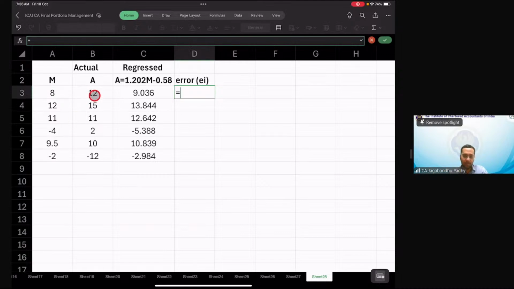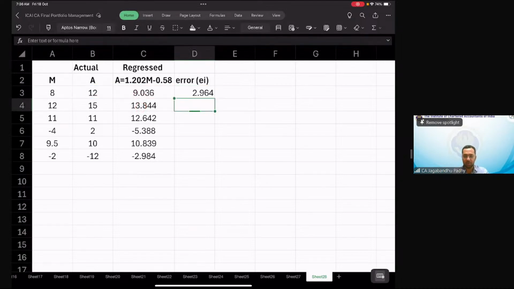The actual value was 12, but we regressed and found the value to be 9.036. So obviously there is an error. Actual is 12 and this is 9.036, so we found that the error is 2.965. This is the error that we have in our estimation.